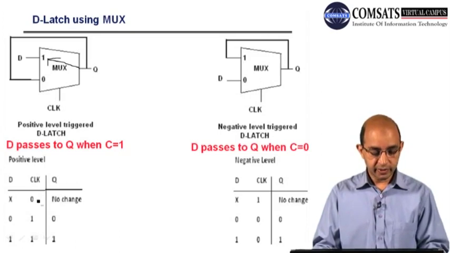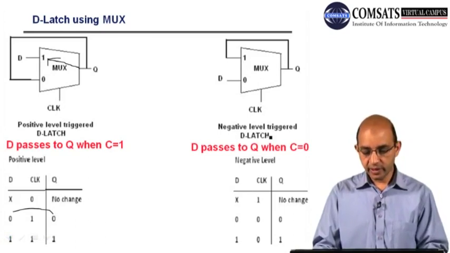Whenever clock is 0, there is no change, so we will be having the previous state. And when clock is 1, 1 is selected and Q follows D. So D passes to Q when C is equal to 1.